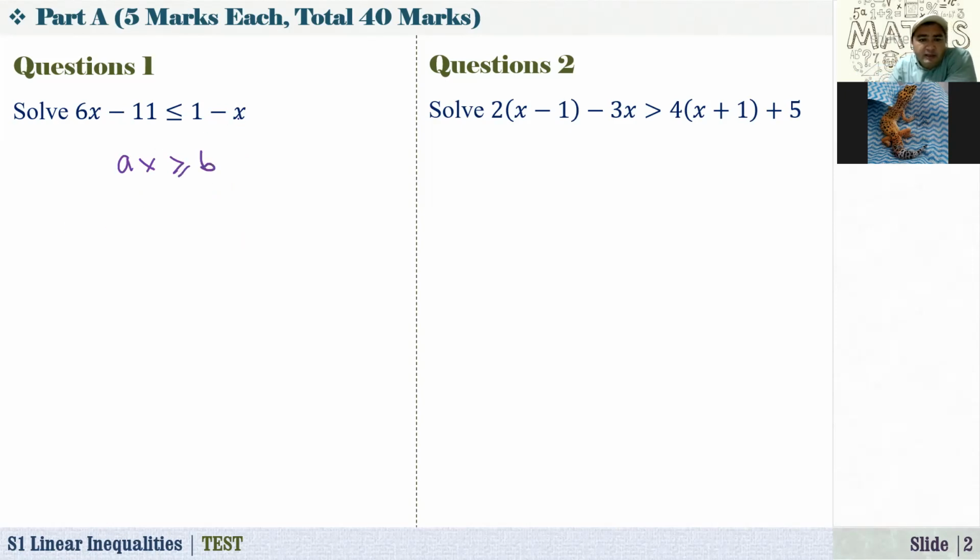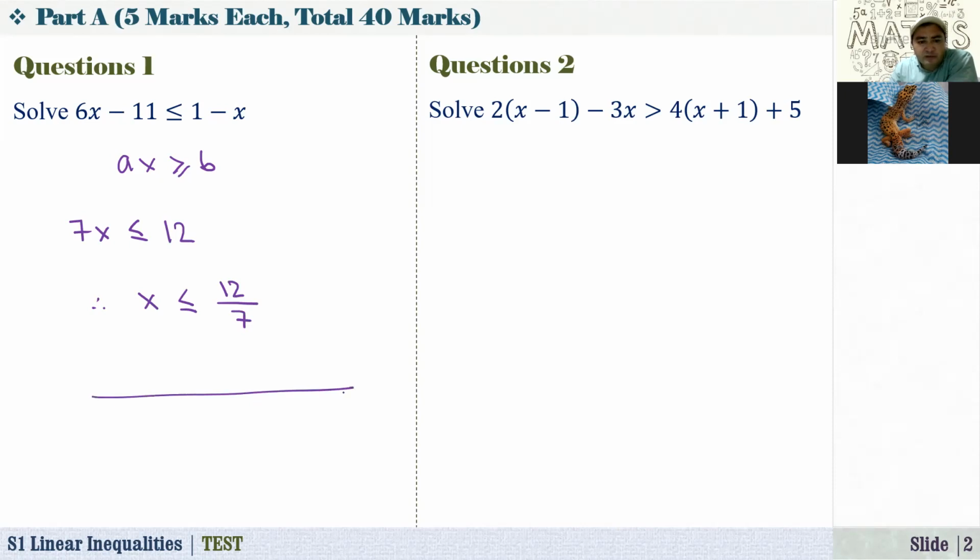So now take minus x to the left hand side. Here we have 6x plus x. We will have 7x less than or equal to, take negative 11 to the right hand side, 1 plus 11, that is 12. And now if you divide both sides by 7, we will get x alone on the left hand side. On the right hand side, we have 12 over 7, right?